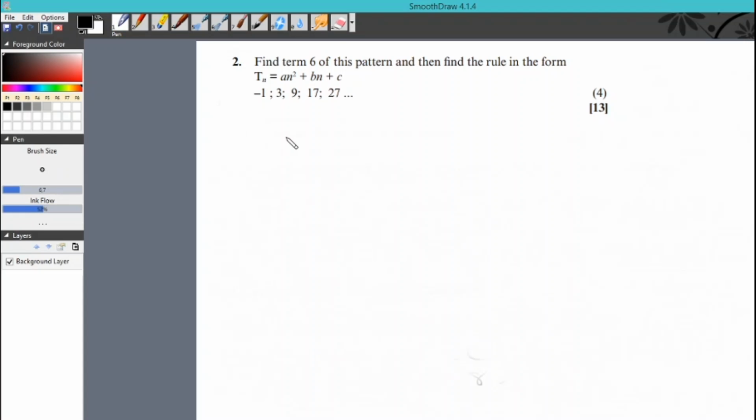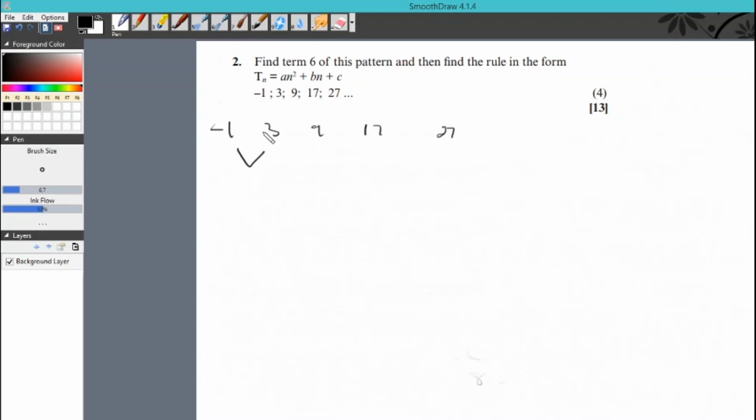Right, so it's a sequence: minus 1, 3, 9, 17, 27.